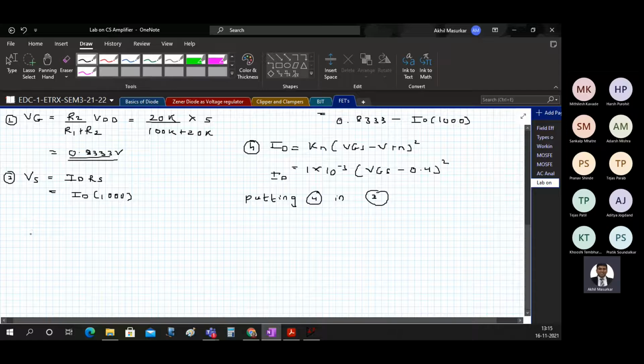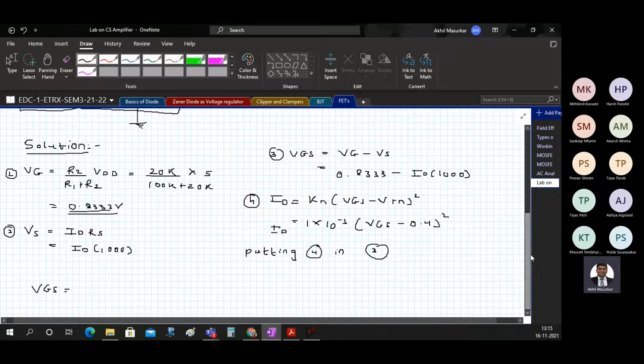So what we will get here is VGS equal to 0.8333 minus 10 raised to minus 3 into (VGS minus 0.4) the whole square into 1000.